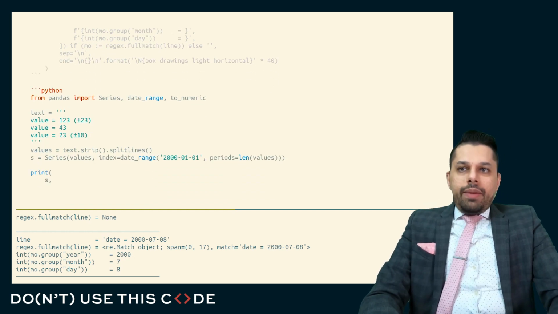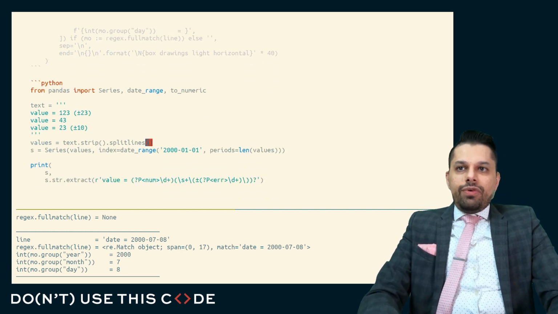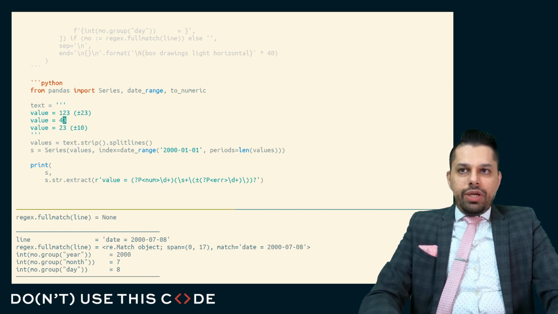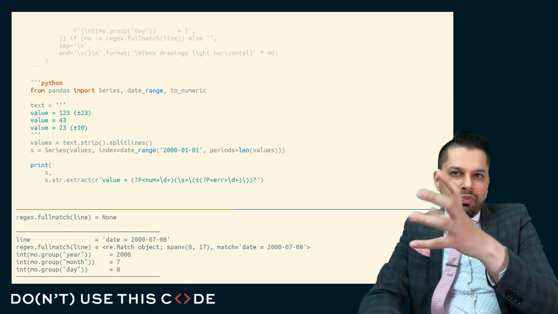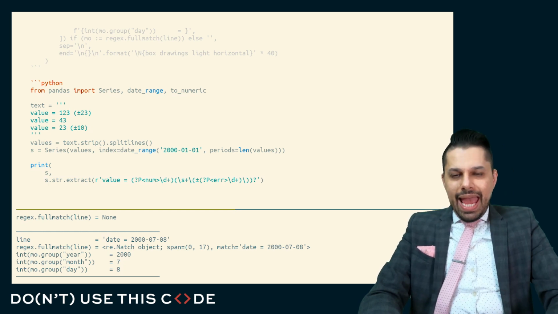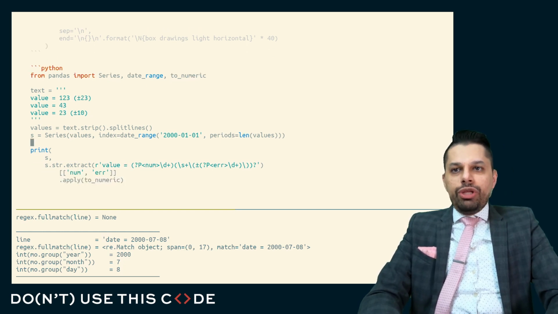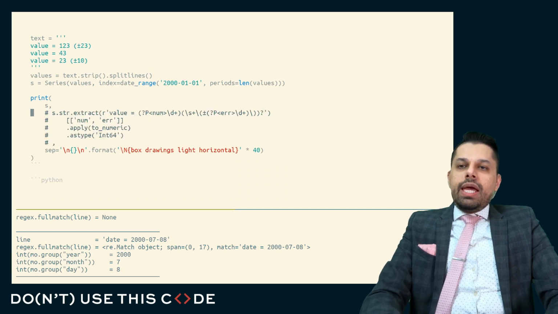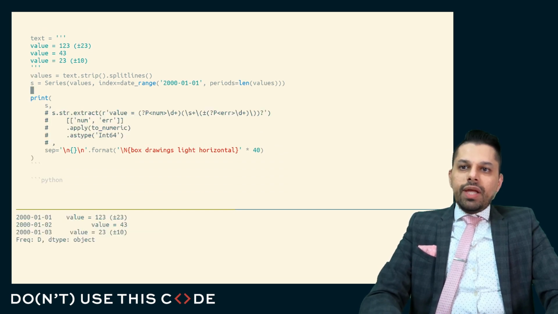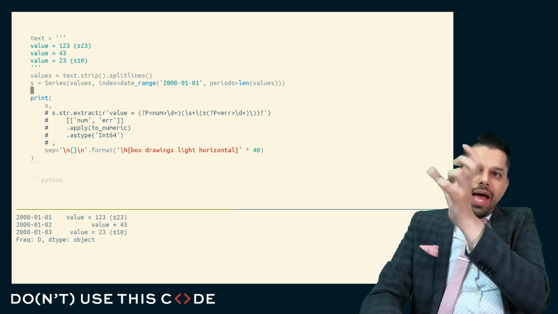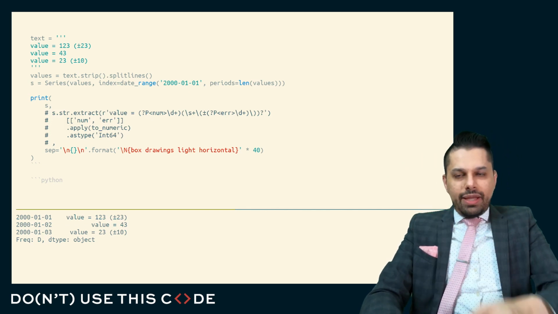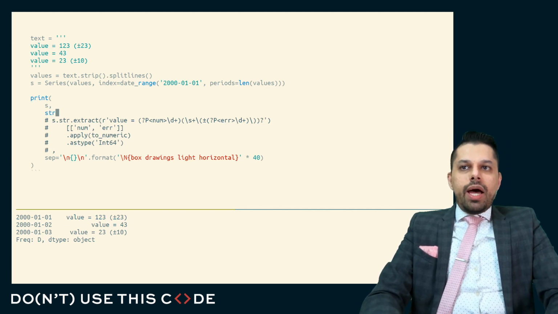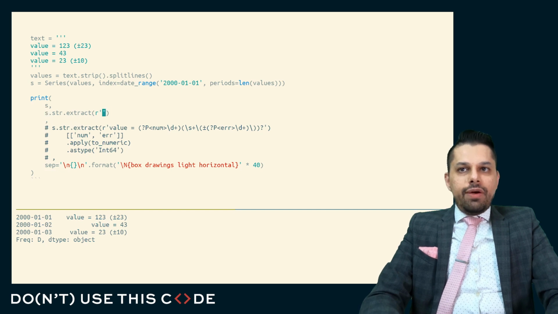Here, I'm going to try matching something that happens to have a set of parentheses to the left and the right of it. So here I'm going to match a value plus some error bound, like a plus or minus. And I'm going to do this in pandas, and I want to show you something really neat that you could do in pandas. If we have a series that contains this data, 3 dates and then some value, and each one of these values has this, and I want to extract that, there is a method, .extract, under the string namespace that allows you to extract data using your regular expression.